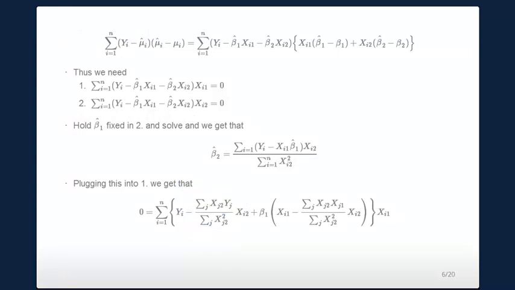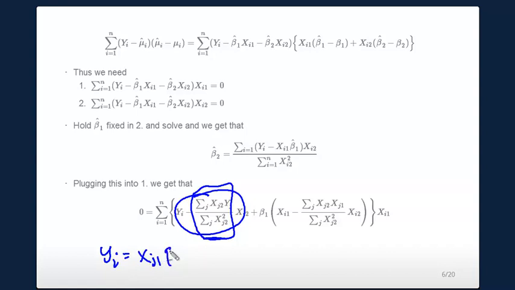This term right here is the slope estimate from the regression through the origin model of yi equal to xi1 times beta 1, let's say, plus error. That's the regression through the origin estimate for that.